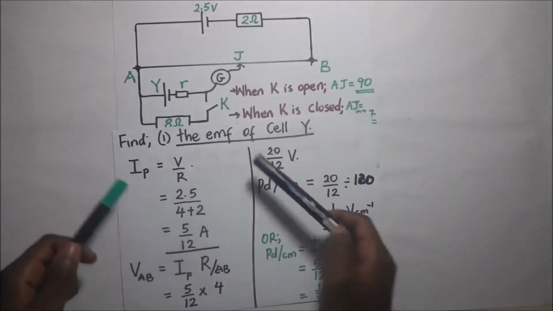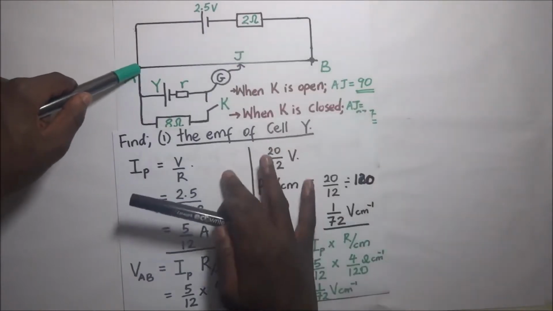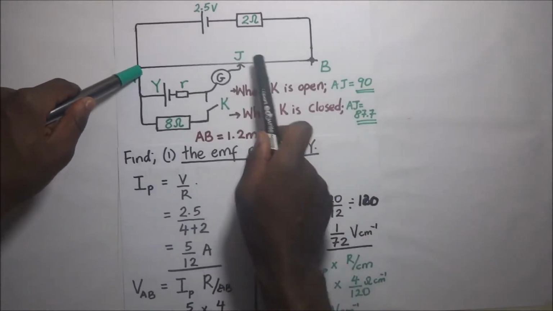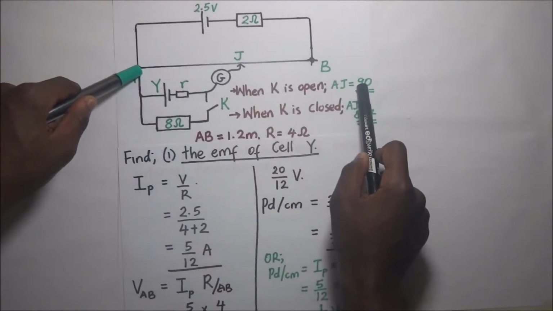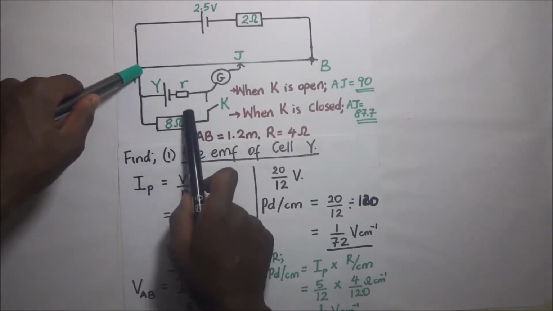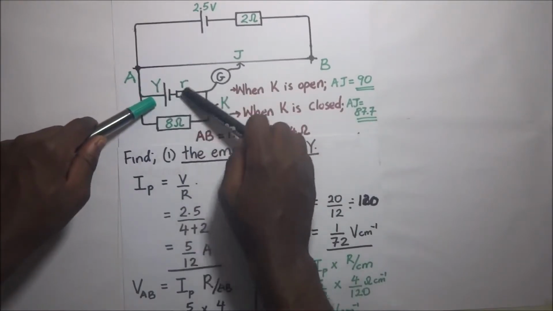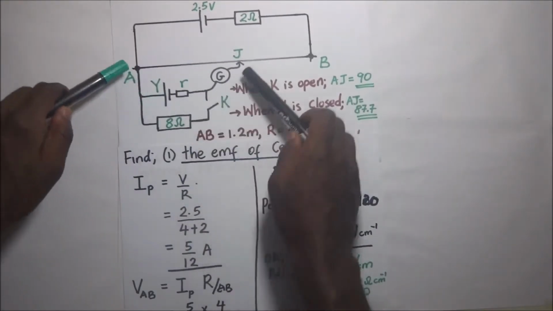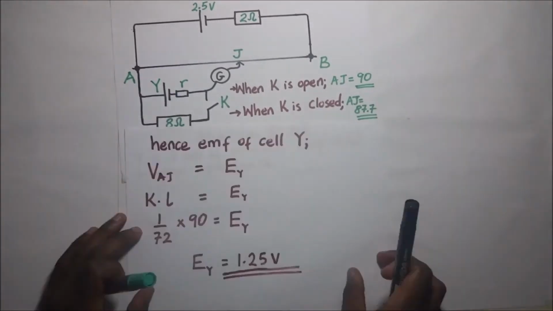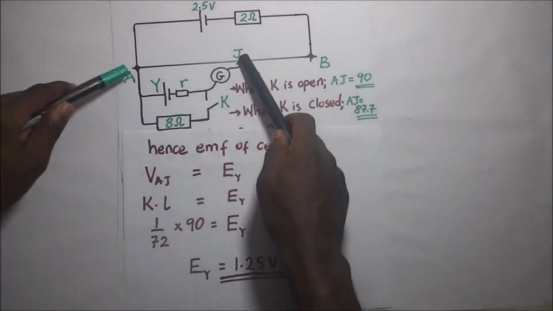Now that we have the PD per centimeter, we can go ahead and find the potential difference across the balance length. Remember, we were told that when K is open, the balance length we get is 90 centimeters. And when K is open, it means that this 8 ohm resistor is redundant. So the PD across AJ is going to be equal to the EMF of this cell. Therefore the EMF of cell Y is VAJ, which is 90.